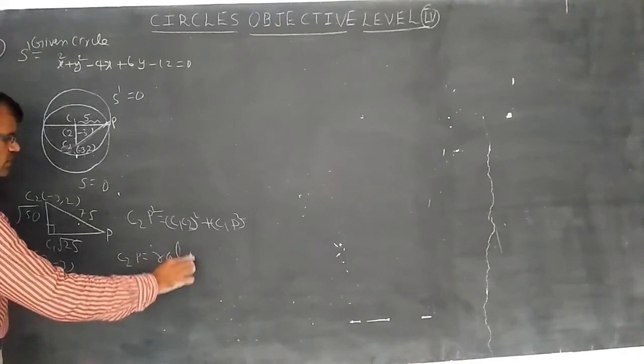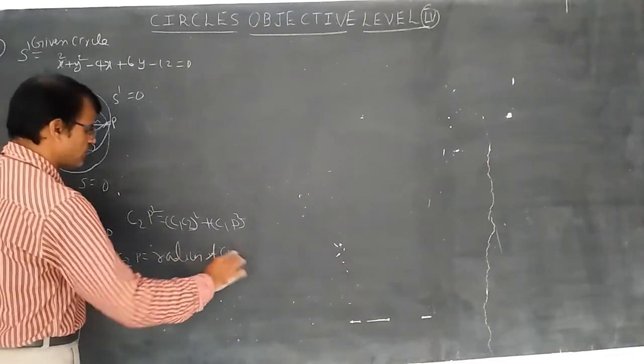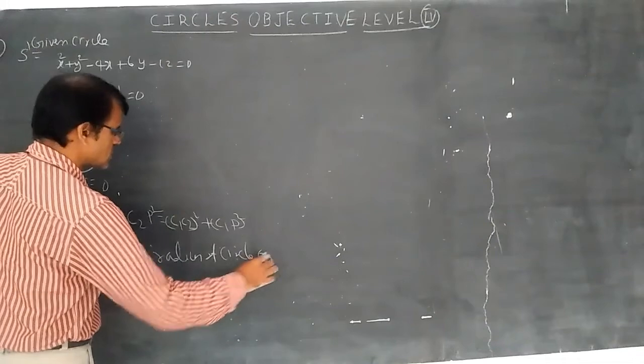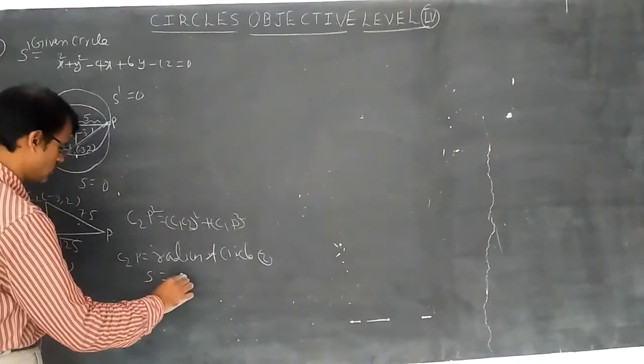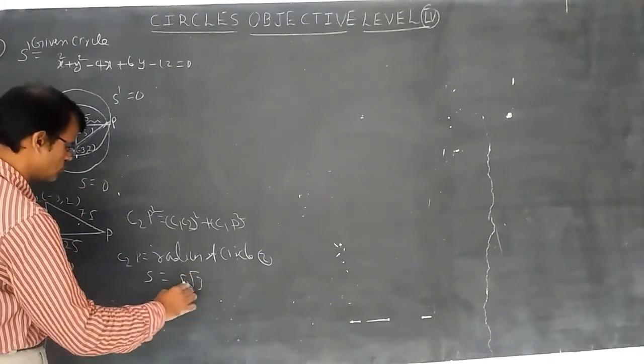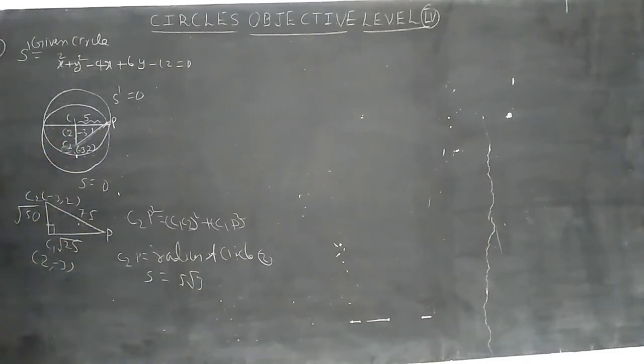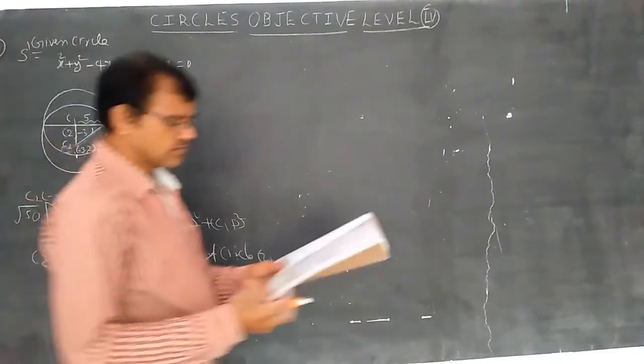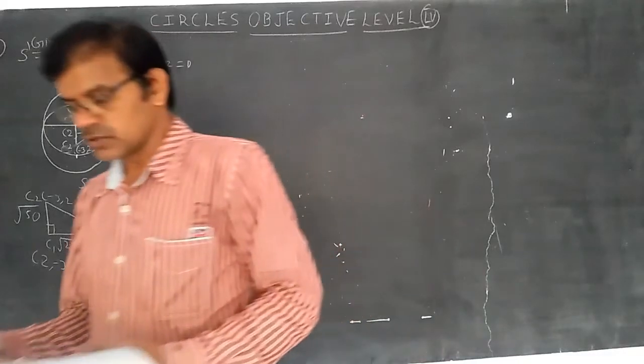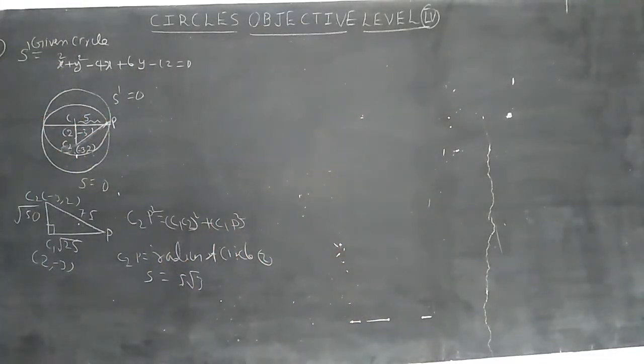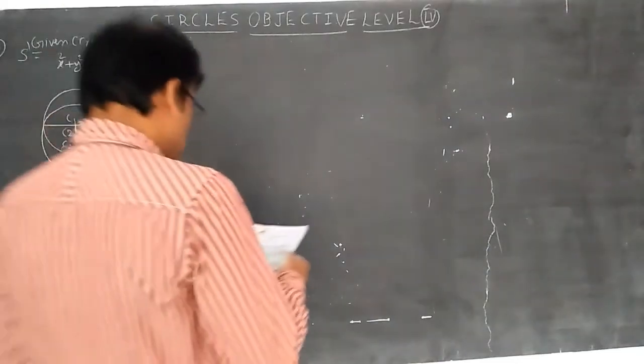C2P is nothing but the radius of the second circle, that is equal to 5 root 3 units. So here is the first option. 5 root 3 is the radius of the circle.